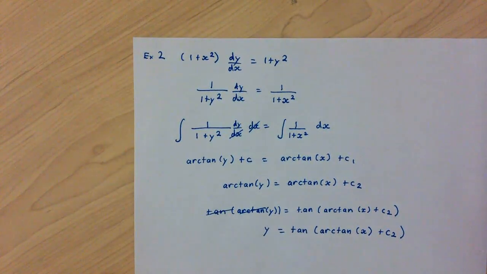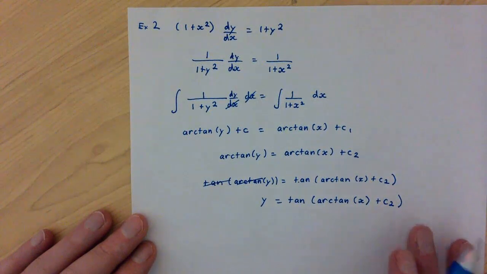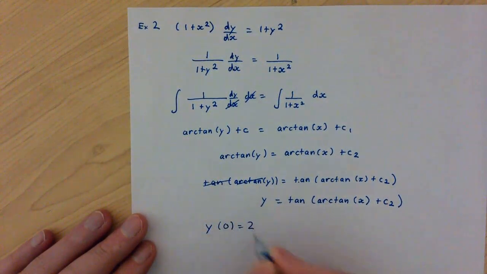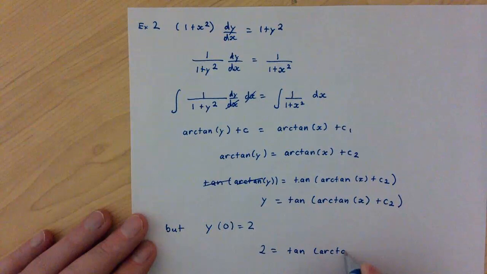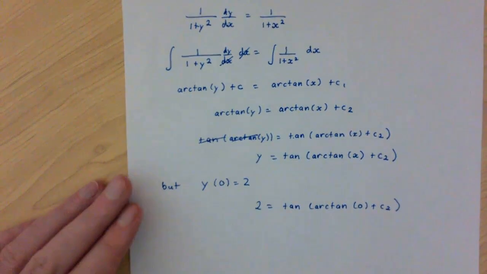Now just with this example, let's say we knew one more thing. Let's say we knew that y of 0 is equal to 2. That means that we'd be able to find c2. So when x is 0, y is 2, so 2 will be equal to tan of arctan of 0 plus c2. Now arctan of 0, so what angle has a tangent ratio of 0?